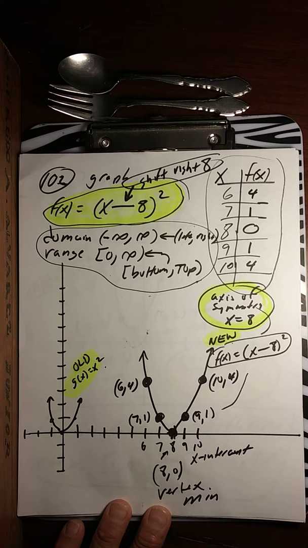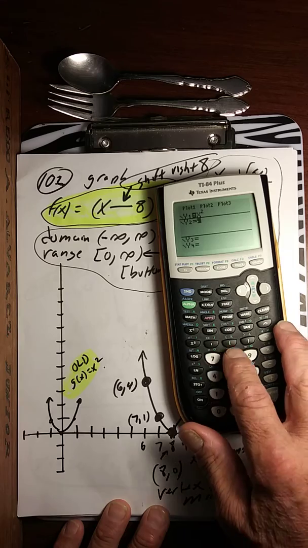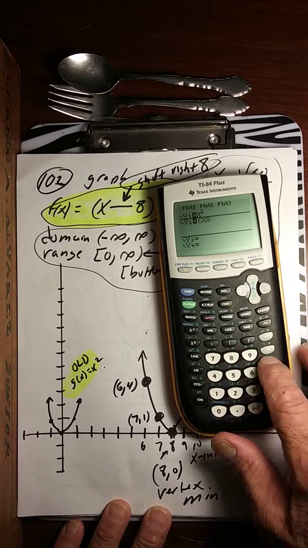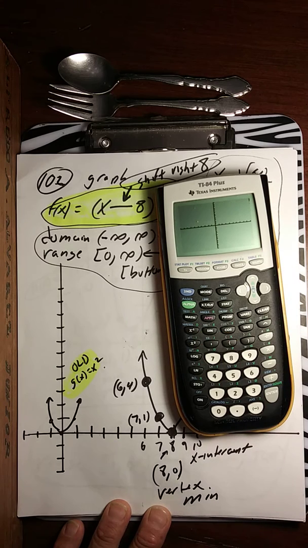So let's put it in there. So we're going to go x minus 8 squared, graph, first one, and then that one gets shifted to the right over there.